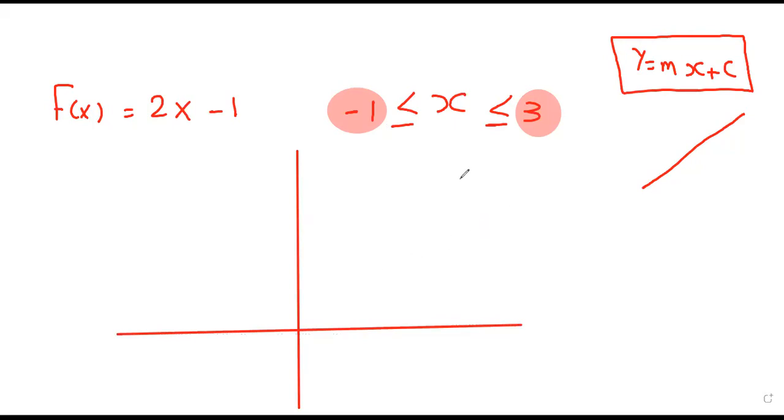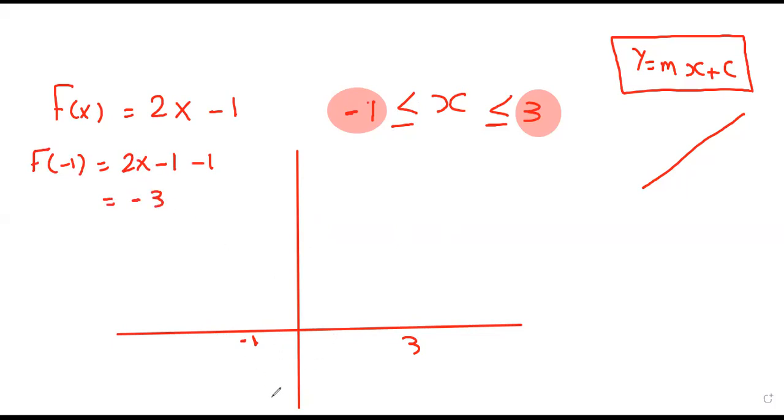Because x is defined from -1 to 3 inclusive, we will take the two endpoints, -1 and 3. When x equals -1, f of -1 is 2 times -1 minus 1, and you will end up with -3.